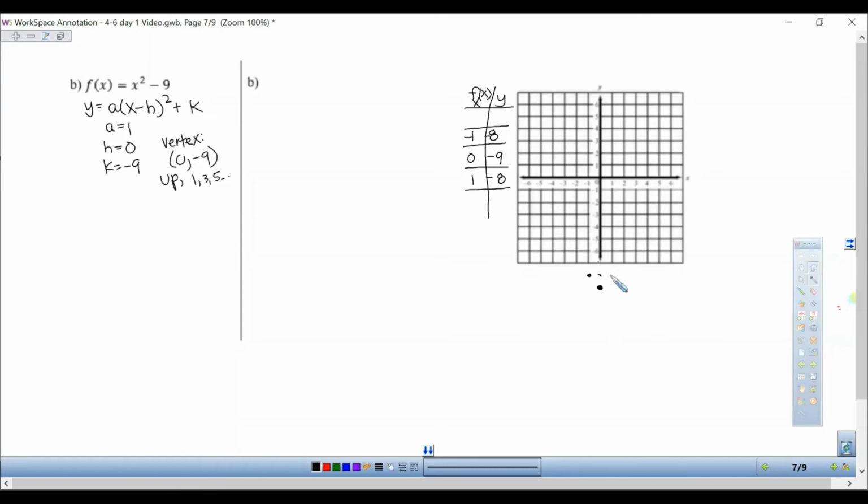And then after I go out 1, up 1, I want to go out 1, up 3. So I would be at those 2 points. So at (-2, -5) and at (2, -5). So this would be the graph of f.